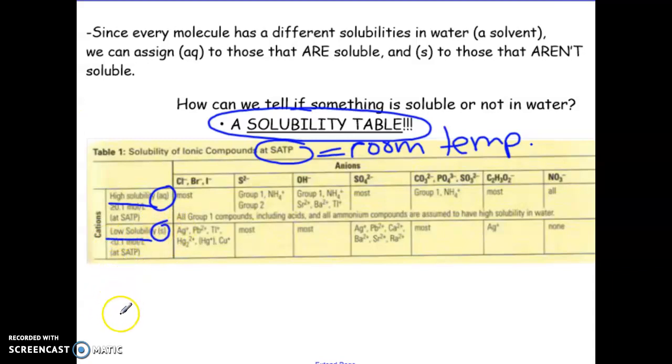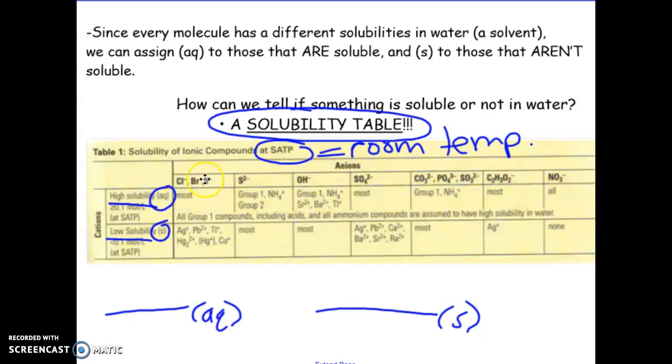Anytime we're talking about a substance with high solubility, we're going to put an AQ subscript beside it when we're doing chemical reactions. If we're doing a substance that has low solubility, according to this table, we're going to put a little subscript S. So this is how we're going to know more states of matter. Okay, so let's talk about how this works. Each column, at the top of the column, has negatively charged ions, right?